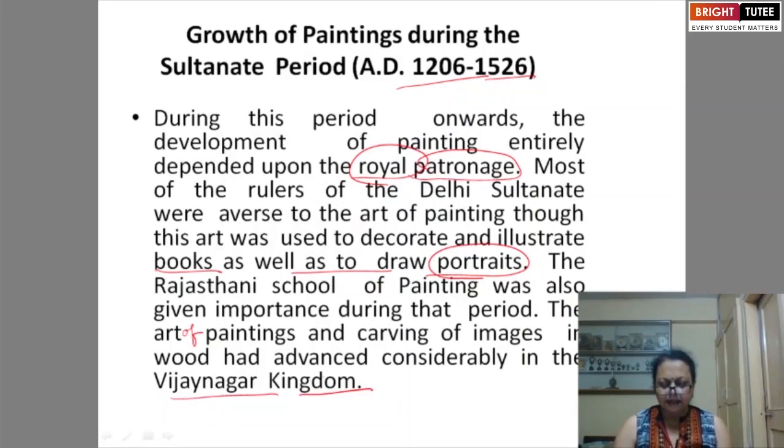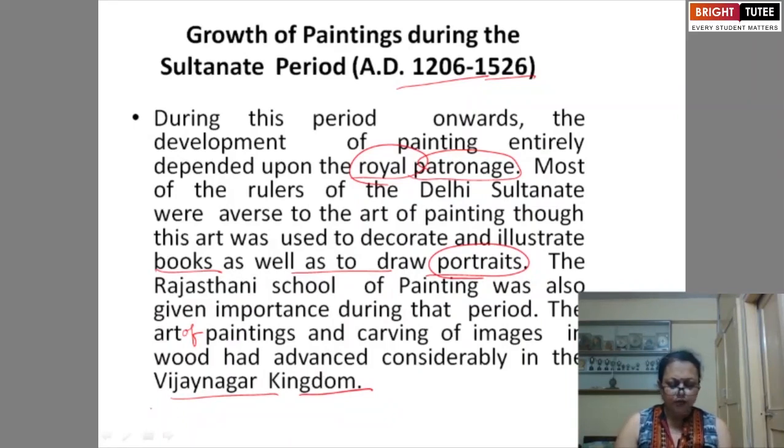Vijayanagar is in South India, and it also got importance in this. The art of painting had reached its zenith during the period of the Mughals. The Emperor Akbar had established numerous royal karkhanas, which are known as workshops.